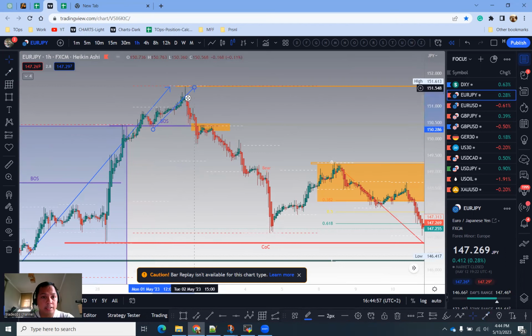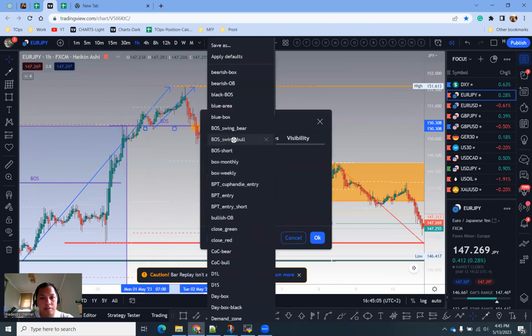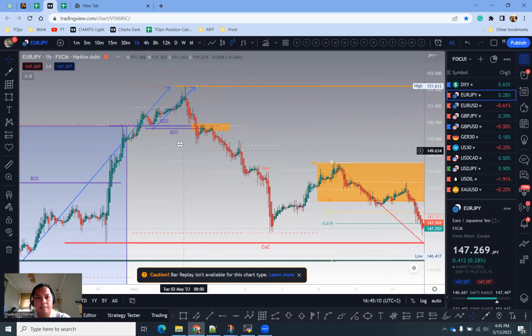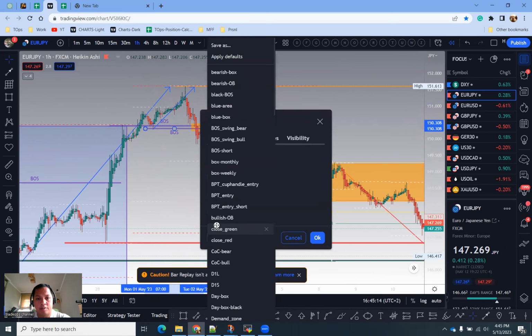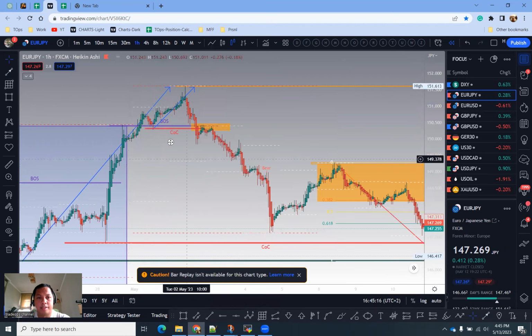At sa last swing na yan, if nagkaroon ng break of the structure to the downside, swing bear, then meron tayong change of character. COC bear. Okay? 1 hour to 1 hour.